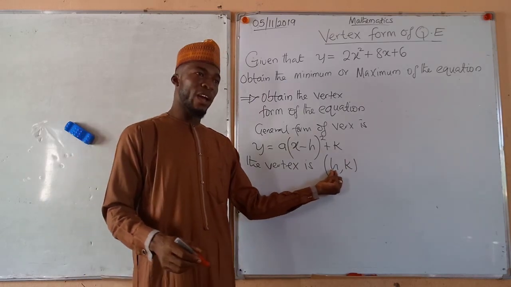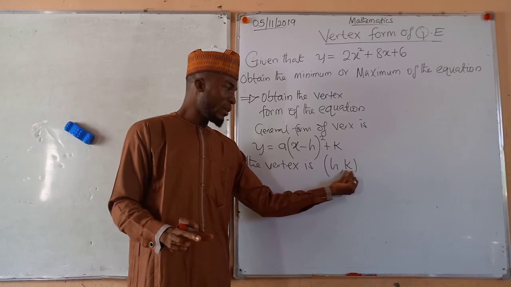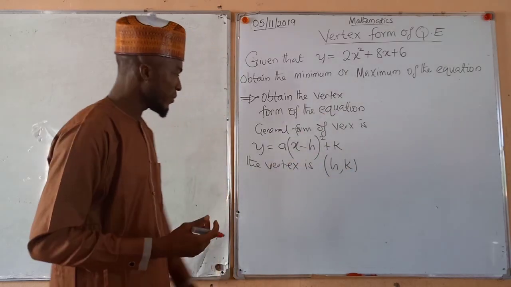This h is the value of x, which is the line of symmetry. And this k is the minimum or maximum of this particular equation.